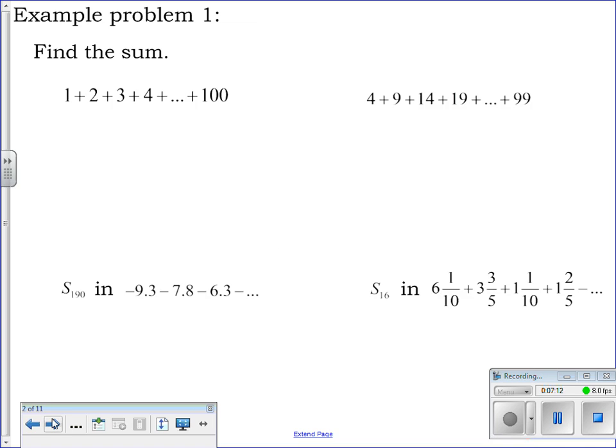So if we were to do this not in his method, but using the formula, I had the first 100 terms added together. 100 divided by 2, the number of terms divided by 2, times the first number plus the last number.